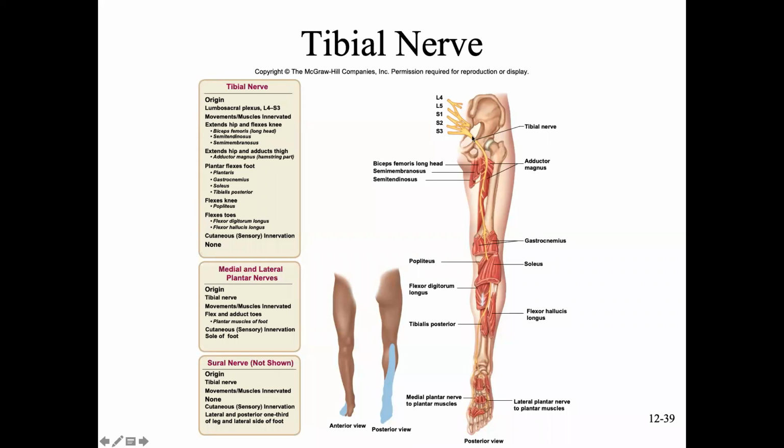The sciatic as it comes down posteriorly is completely on the other side. It's an antagonist of the femoral. So if you know one, hopefully you remember the other. This goes to your hamstring muscles, including your semimembranosus, semitendinosus, and only the long head of the biceps femoris, which is weird, right? Those are your hamstring muscles, which allow you to flex the knee.